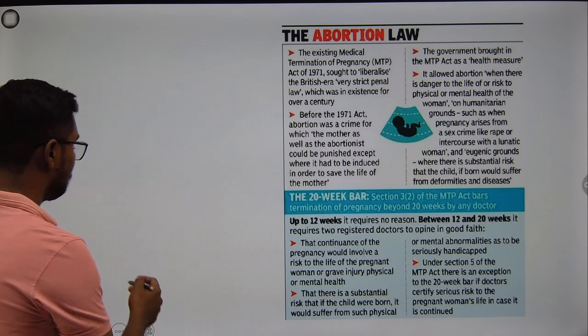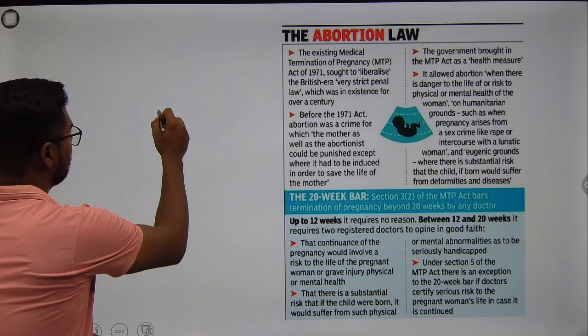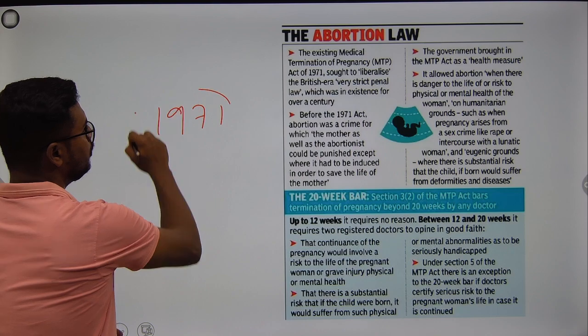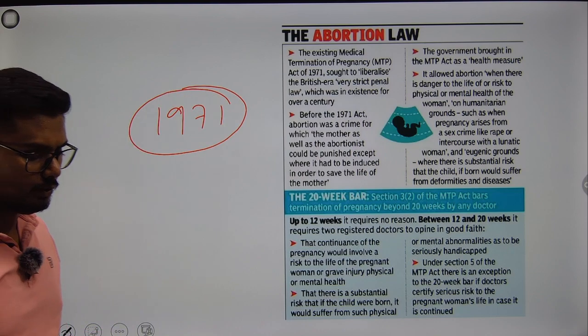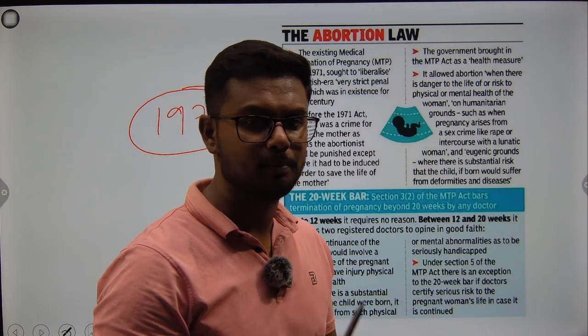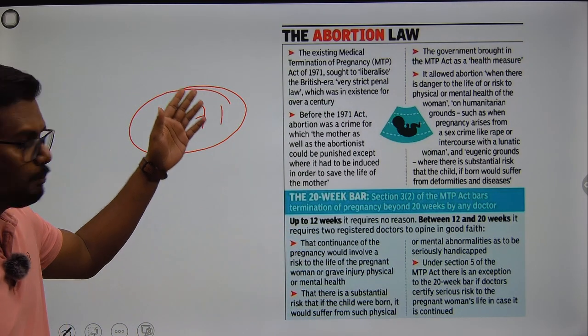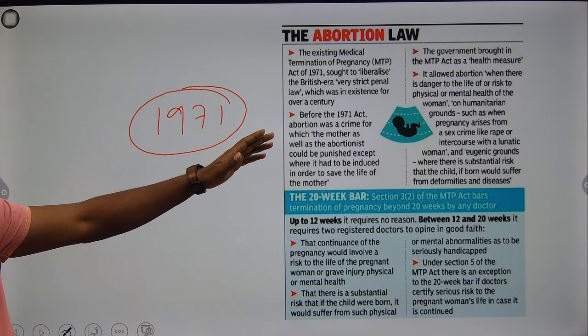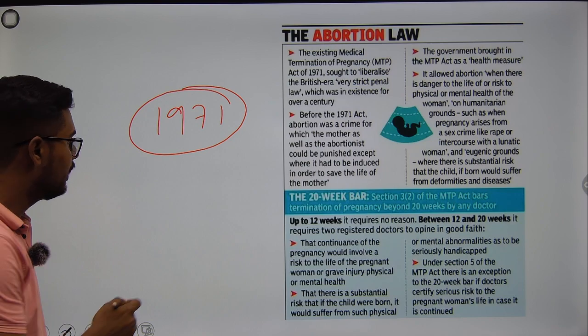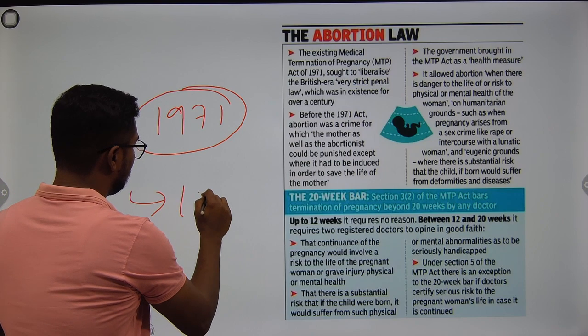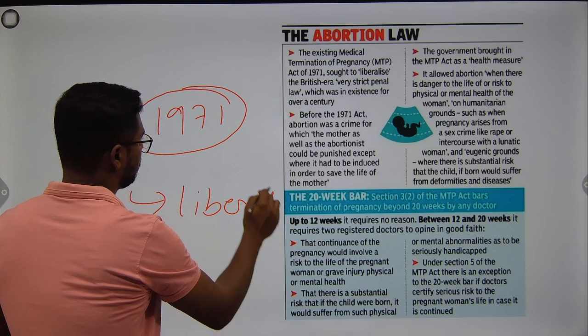So what about the abortion law that has been in existence in India? See, before 1971, women were usually subjected to strict provisions when it comes to abortion. But with the introduction of the Medical Termination of Pregnancy Act of 1971, some kind of liberal mindset was developed across the country.